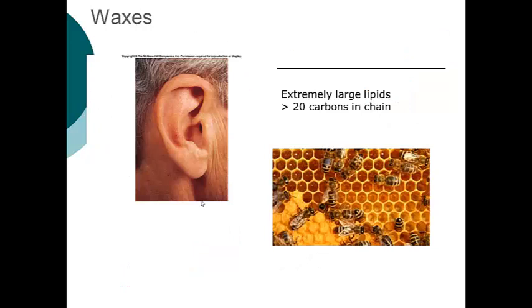The last thing I want to talk about here are waxes. You do make a waxy kind of substance in your ear produced by some glands in your ear called ceruminous glands. The difference between fats and waxes is that waxes have extremely long lipid chains, carbon-carbon-carbon-hydrogen chains, more than 20 in length.